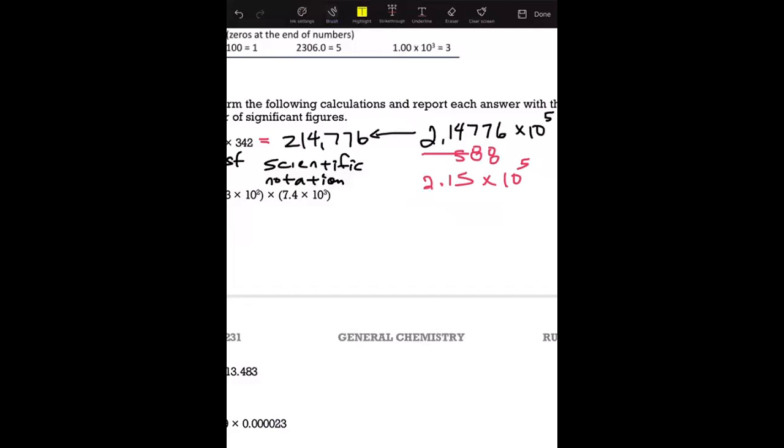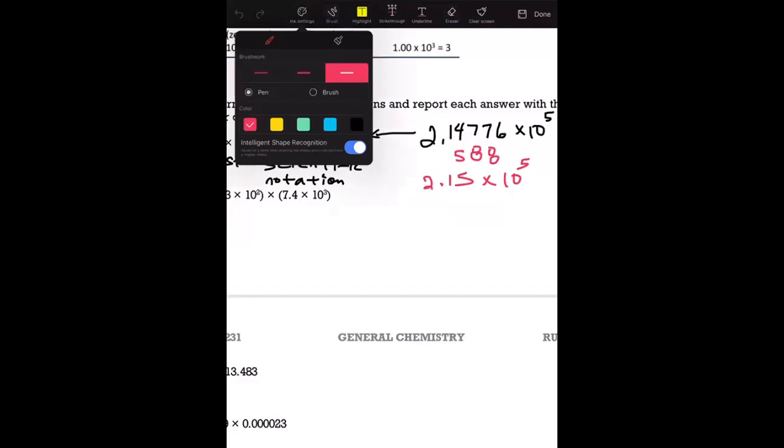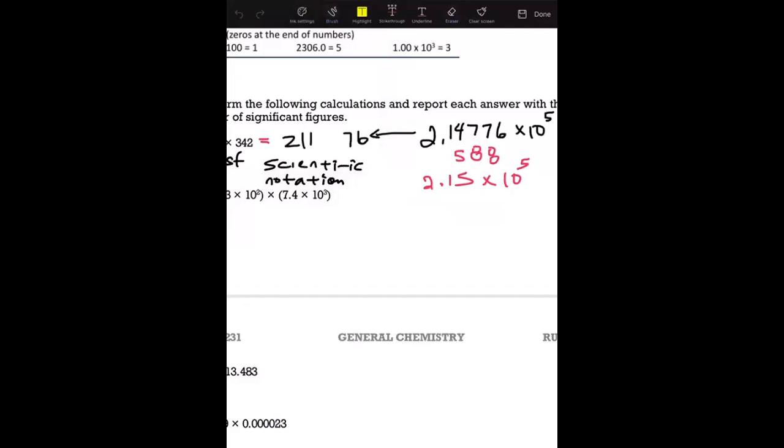But I have a question. Go right ahead. Why didn't you take the decimal after the 4 in the original number, instead of going all the way to the first number? Because this number is expressed as 214,776, so that is 214,776.00000.